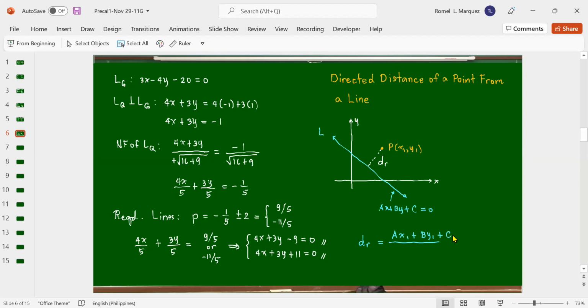Plus C. Notice that I just copy A, B, and C of the given line, and then replace the x and y by x sub 1 and y sub 1. So you will have a value in the numerator. Below, plus or minus, but of course, you have to choose one sign only. And the rule is the same as the rule of the normal form, where the sign of the radical is chosen like the sign of B. If B is 0, like the sign of A. Okay, guys?